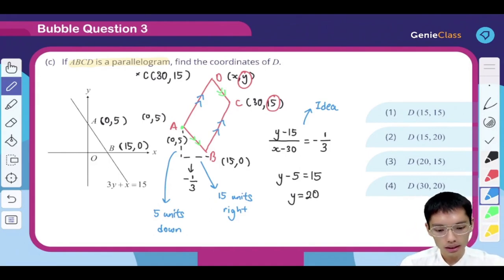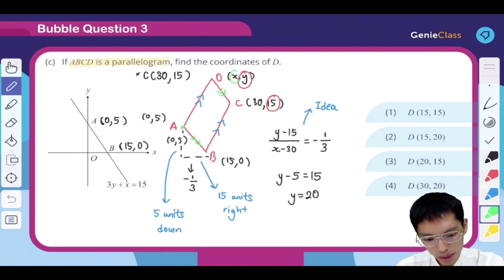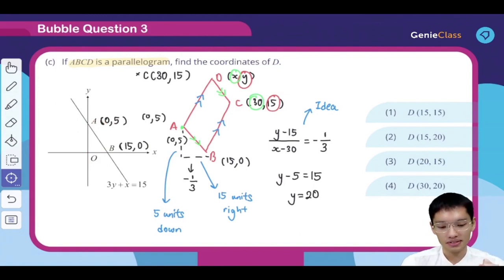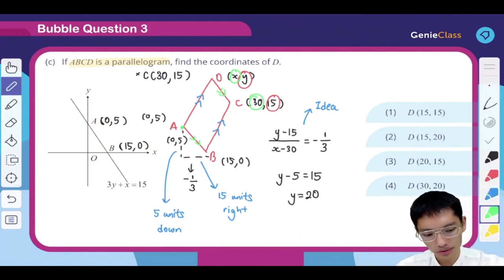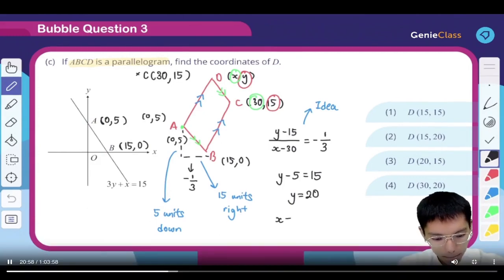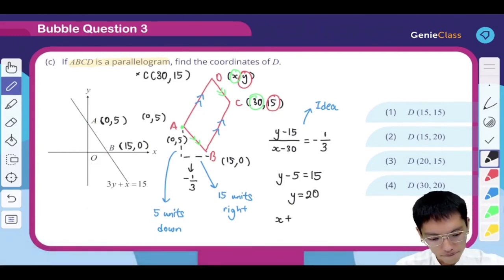Similarly, now it goes 15 units to the right. So that means from my x part to 30, to go from this part to B, it has to go from x plus 15. It's going to go right.